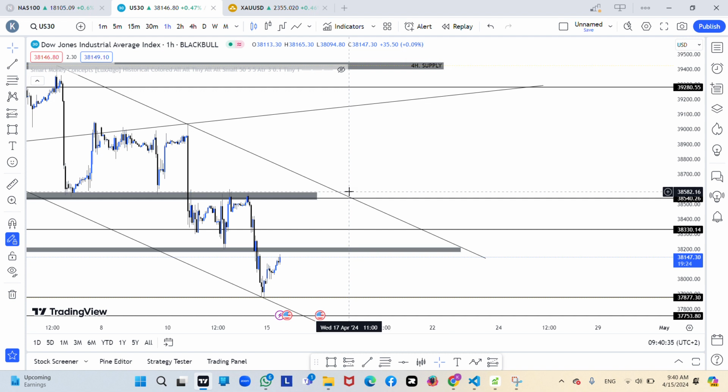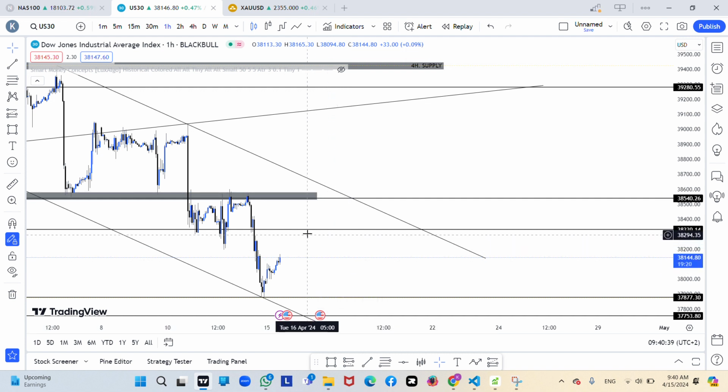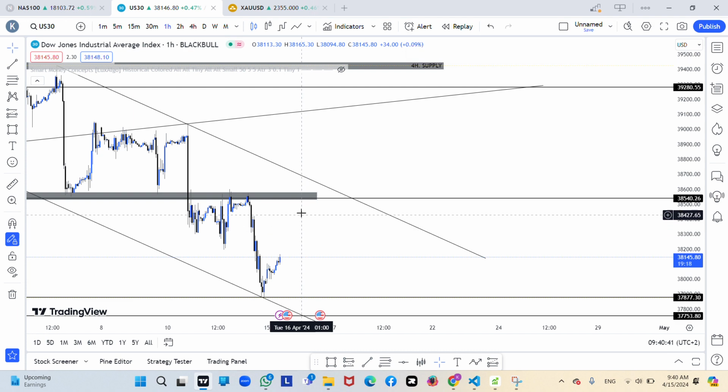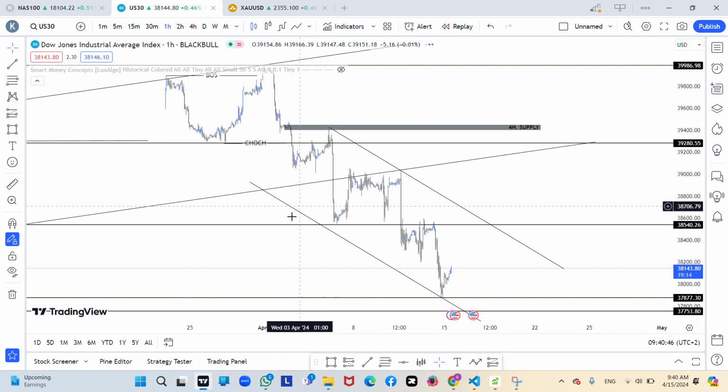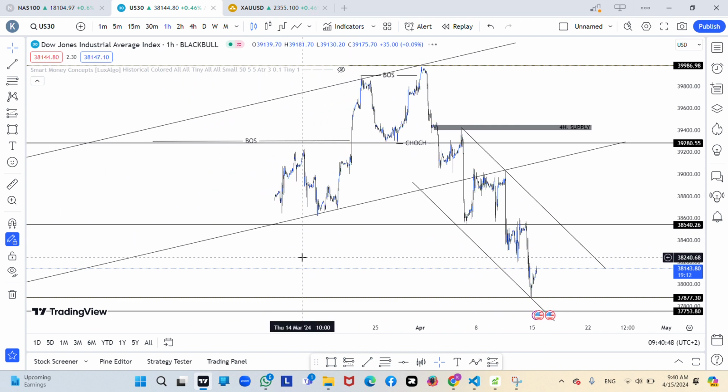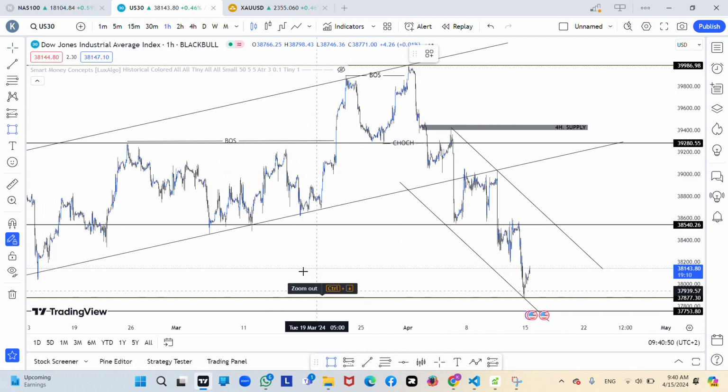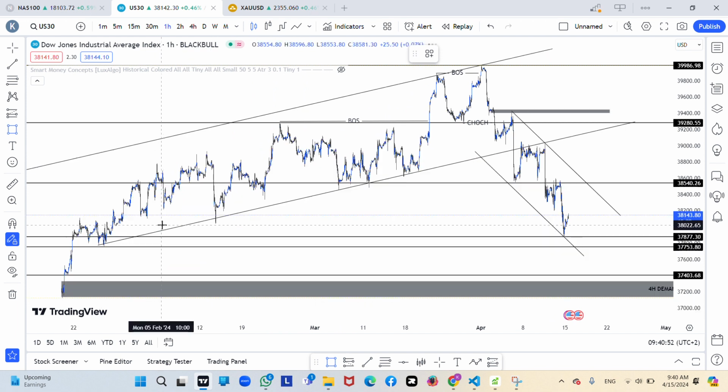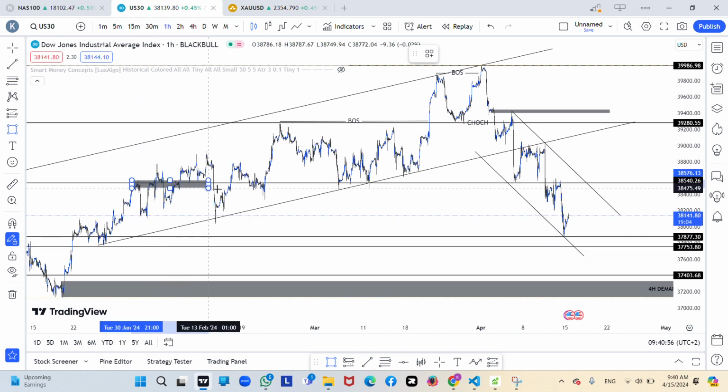Let me just delete a few things just to simplify, guys, of what I should have done, so we can identify that. Here we have a strong resistance, support.